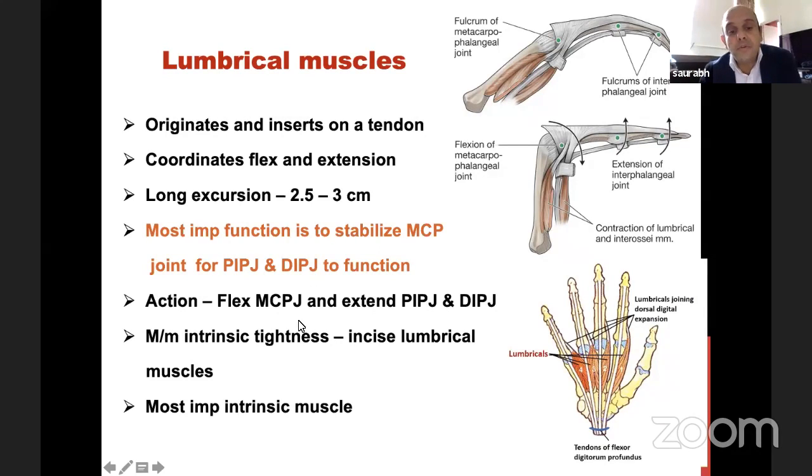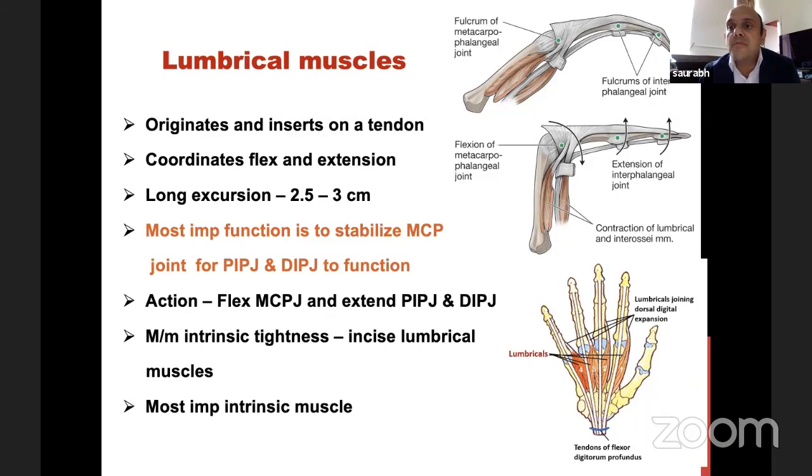And if you understand this, this is what intrinsic muscles are doing. So intrinsic tightness means this action will be more pronounced. The patient will not be able to do this. So if someone has an intrinsic tightness, if you release the lumbricals here, just a radial cut on the MCPJ and just incise the muscle, that will do away with the intrinsic tightness.